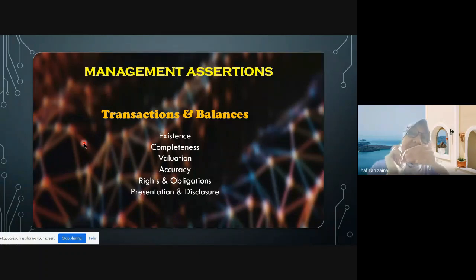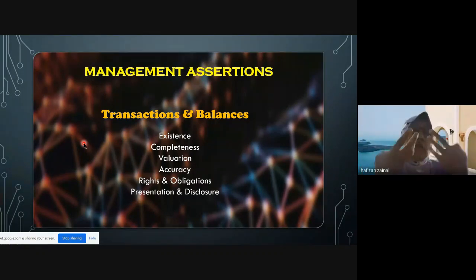What does each one mean? Existence: if in the financial statements the revenue for that financial year is 1 million, it means management claims all of that 1 million revenue exists. Exist means the transaction occurred: there was an order, and delivery was made to the respective customer.